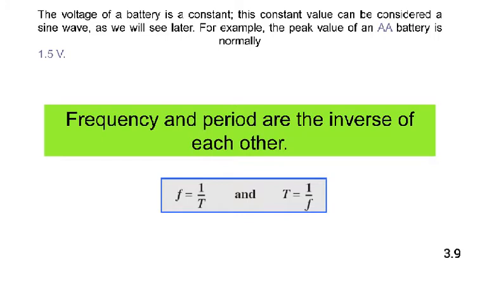The frequency of a signal is 1 over the cycle duration, as simple as that. So the frequency of a sine wave is 1 over the cycle duration of that sine wave. Okay?